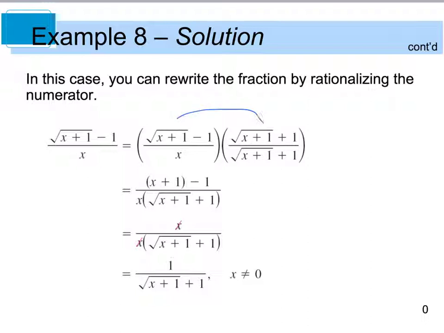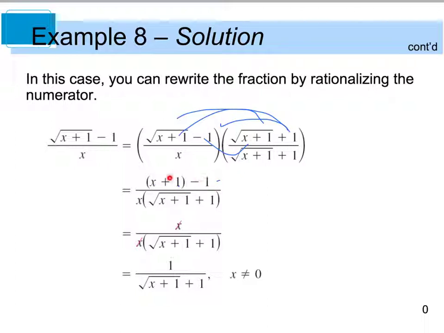Now when we FOIL these terms, first the square roots cancel out, so we get x plus 1. Then the outer and the inner terms cancel each other out, because we're going to have a negative and a positive. And then we just get a minus the last term squared, which in this case is 1.